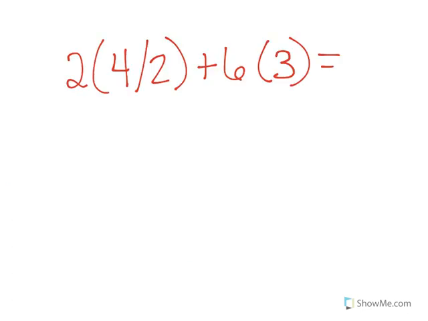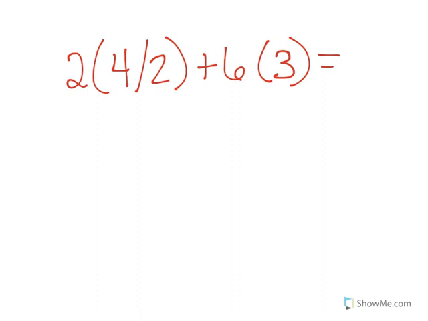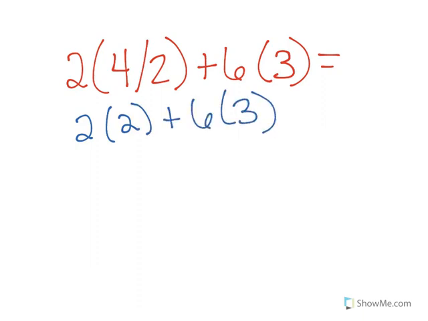Alright, so let's look at the problem we have here. We have 2 times, in parentheses, 4 divided by 2, plus 6 times 3. So, let's look at our checklist. We do have parentheses, so I'm going to do that first. 4 divided by 2 is 2, and I'm going to rewrite everything. Now, I look at the operations I have left. I have multiplication here, I have addition, and then I have more multiplication.